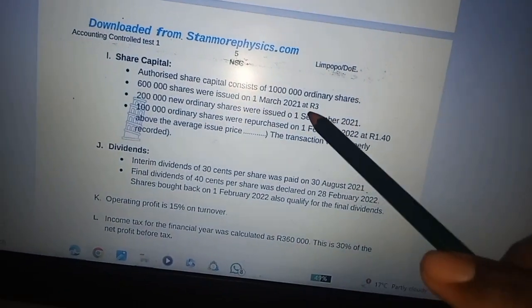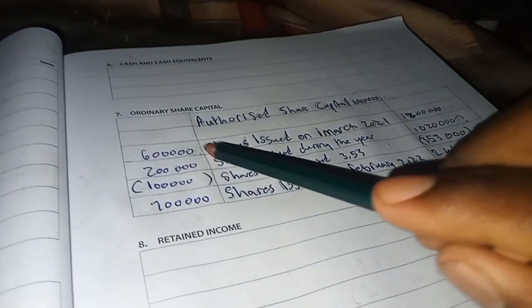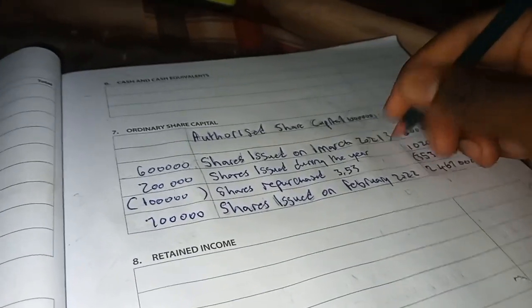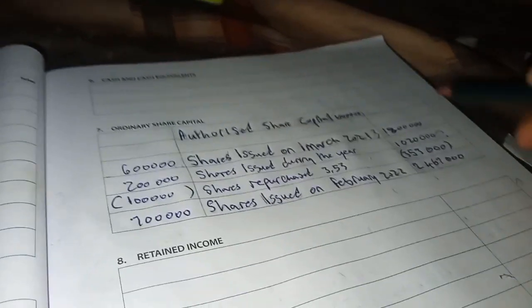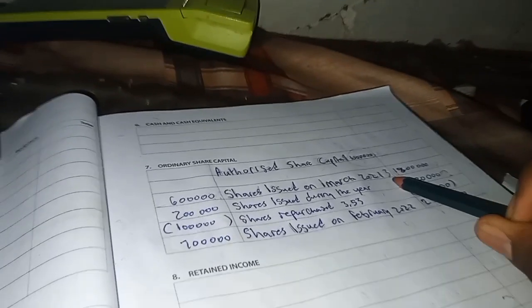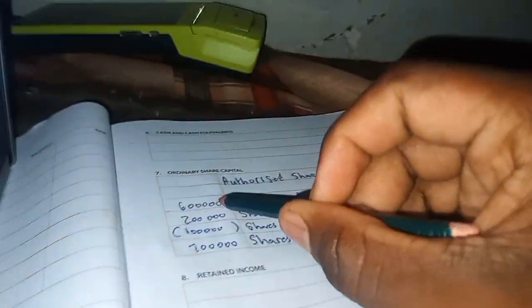The important thing is, they were issued at how much? At 3 rand per share. So we say shares, which is 600,000, multiplied by 3, and it's going to be 1,800,000. This is the money we got, this is the price at which we issued the shares, and this is the shares. And here is the description.